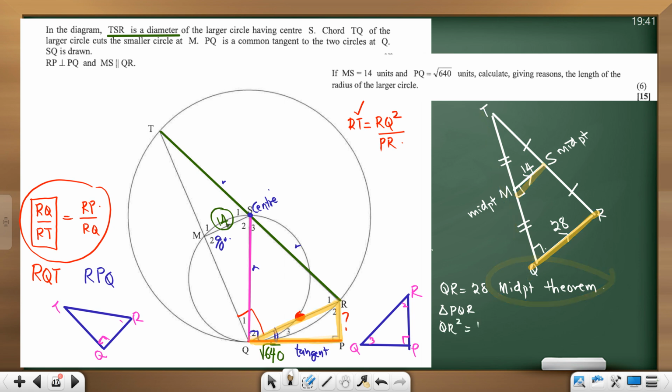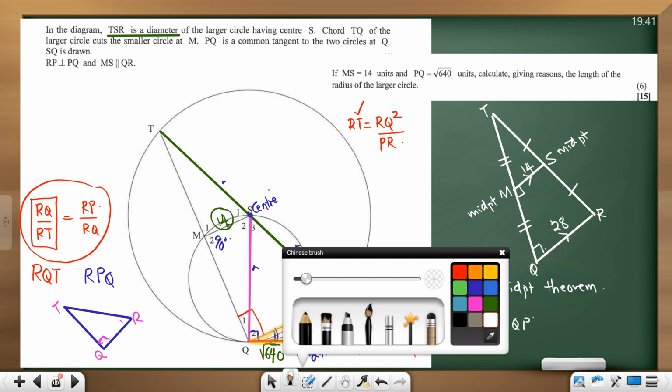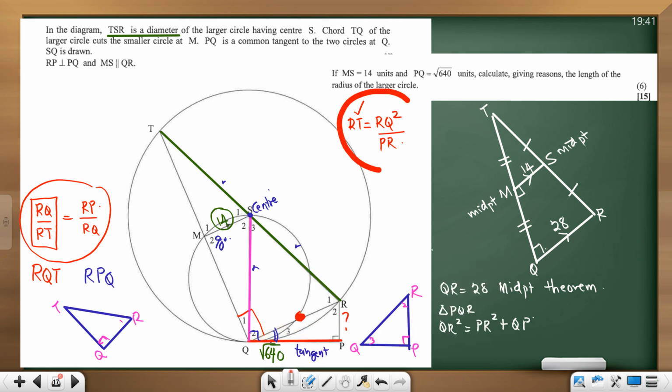QR squared equals to PR, because I'm looking for, remember, everything I'm doing is because I'm using the old formula that we got. We are using this. Do you notice I already have a QR, 28 squared. That one is done. What I'm looking for now is PR, but I see that it's a right angle triangle. So I'm done now.